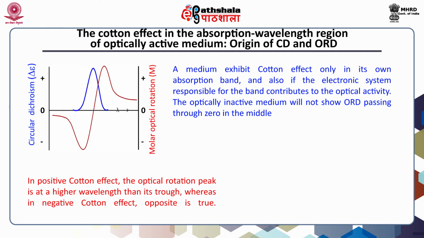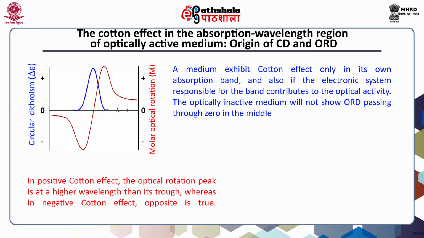The blue curve in this panel indicates the circular dichroism band. You will see that the optical rotation decreases in wavelength, and when it approaches the peak of the CD band, it suddenly starts decreasing and passes through zero at the wavelength at which circular dichroism is maximal.